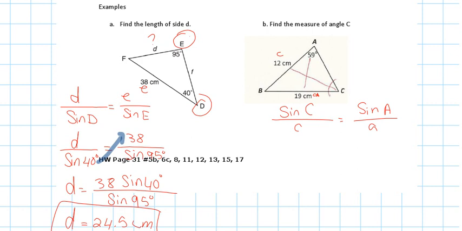So that's going to be sine C, I don't know what angle C is, over side C, which is 12, equal to sine 59 over 19.